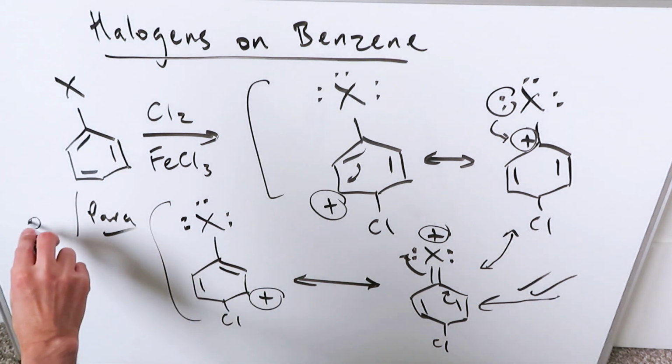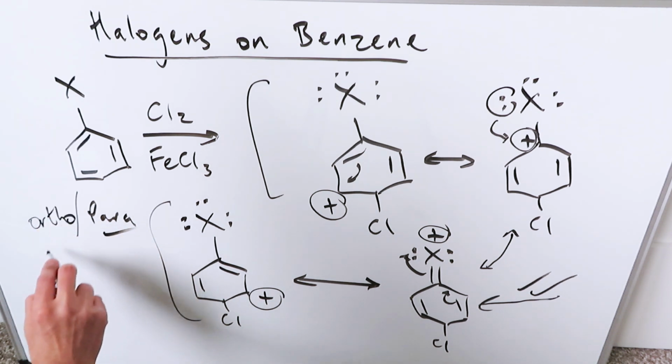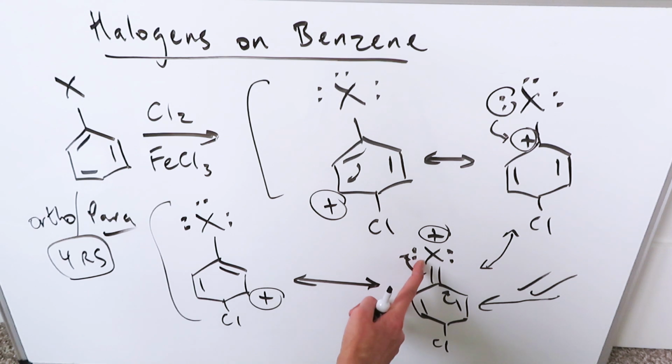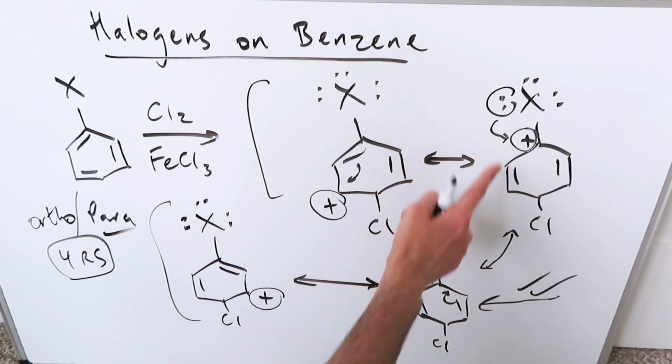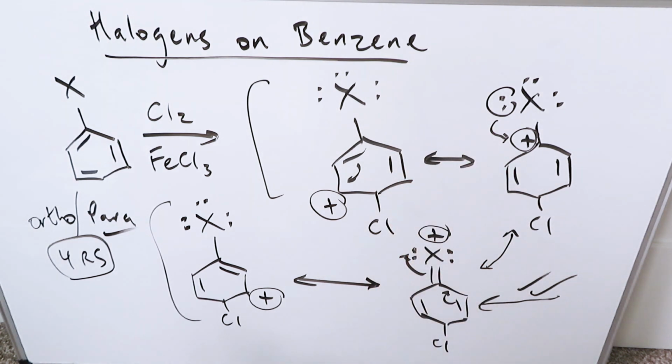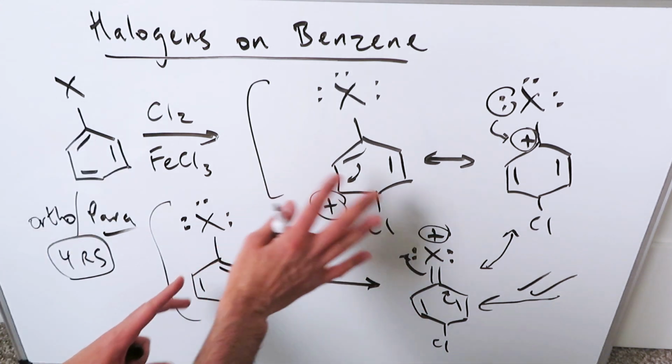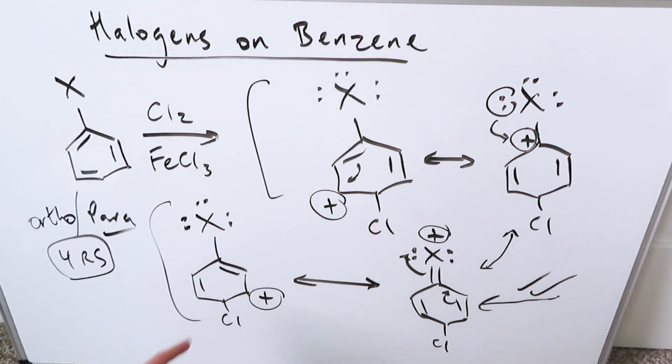When you're looking here at the ortho or the para, you'll have 4 resonance structures, and the one which involves the electron donation by resonance by means of the halogen coming into play, its electrons coming into play, is the most stable with a complete octet around everything. Everything else will have 1 atom with an incomplete octet. That would be the carbon of your benzene.